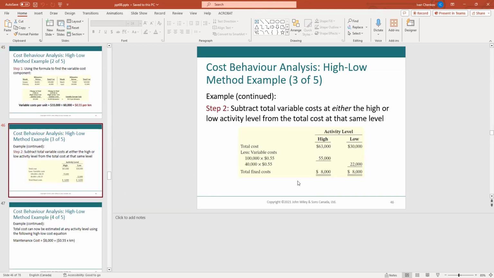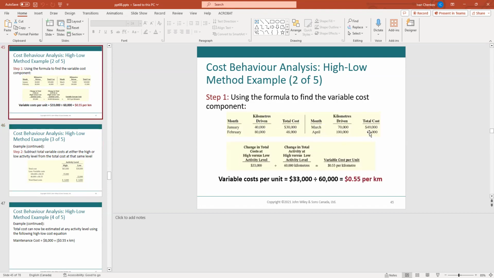Once we have that, we're going to find the fixed cost. How are we going to find the fixed cost? We already know that the total cost at the high level is 63,000. The variable component is 100,000 kilometers times 55 cents. At the low level, the total cost is 30,000, and the variable component is 40,000 times 55 cents.